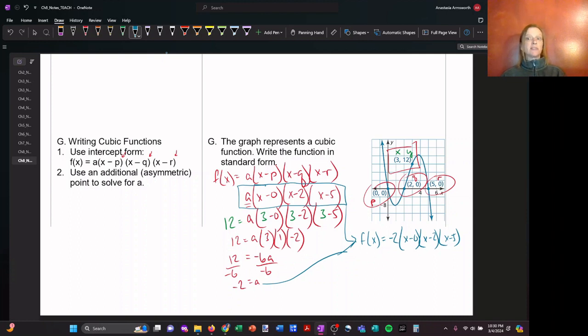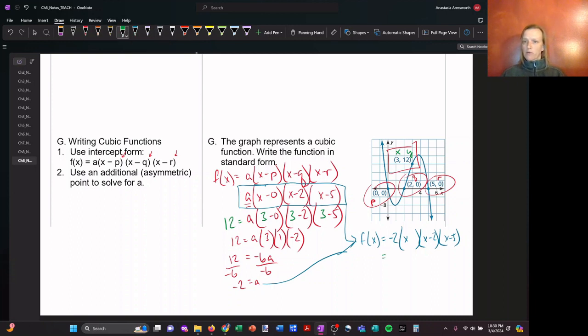We need to write this in standard form, but there's a bit of simplification that we can do here first. First of all, I don't need to write anything minus 0. I can just get rid of that minus 0. So we're going to have negative 2 times x times the quantity x minus 2, times the quantity x minus 5.